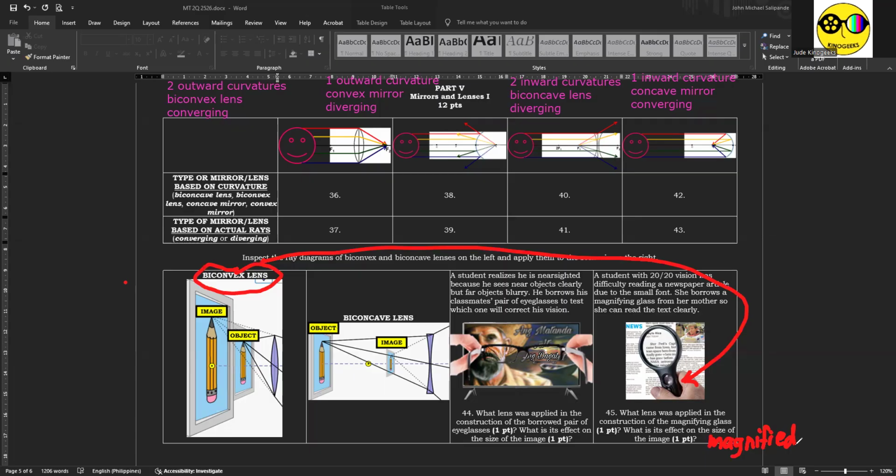And on the glasses, the image shrunk or was reduced. Therefore, biconcave lens was used in the construction of the eyeglasses. Because the image appears clearer now and it's also reduced.